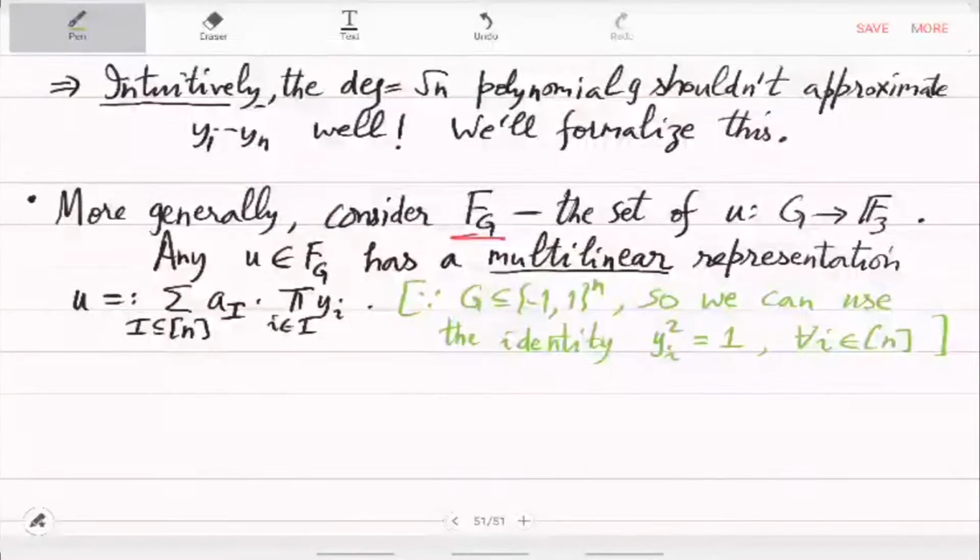Okay, so the point is that your domain doesn't have 0. Your domain is plus minus 1 valued. So in particular, any variable yi, if you square it, you get 1.